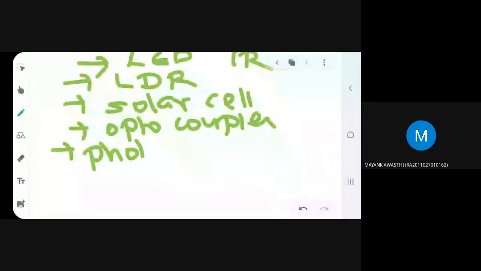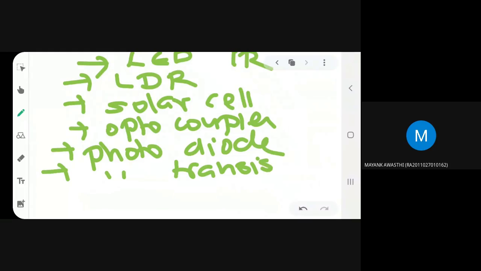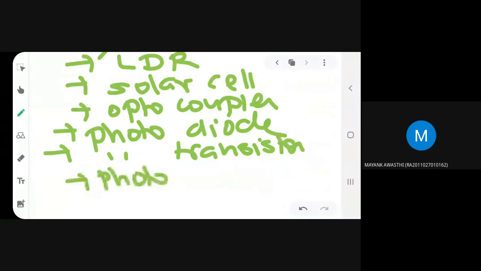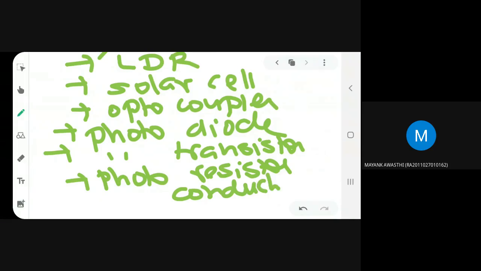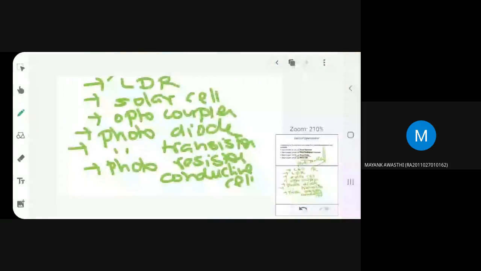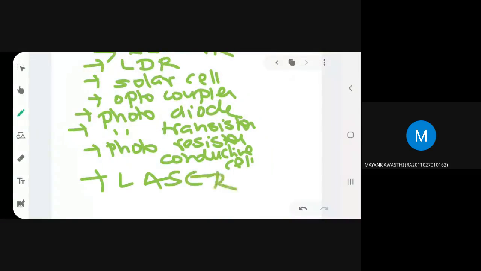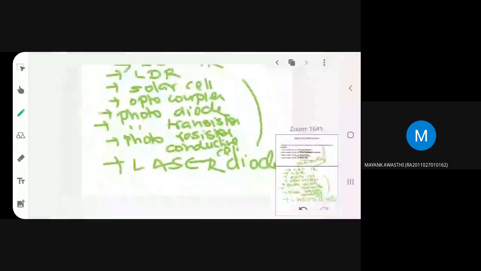Photodiode, phototransistor, then photoresistor, photoconductive cell. And one more diode we have discussed, that is called what diode? Laser diode.